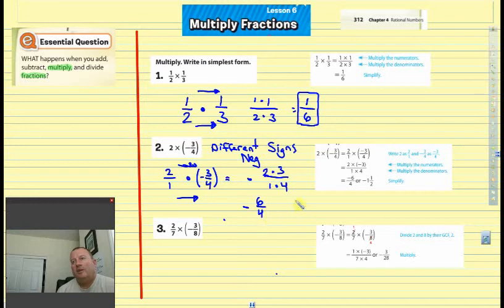I can go ahead and I can divide it out, which means take my 6 and divide it by my 4. And it goes in once. I get my 4. I subtract, I get 2. And I get 1 2/4, which reduces to, use 2, divide by 2. I get 1/2. So I get 1 1/2. Don't forget this is negative.